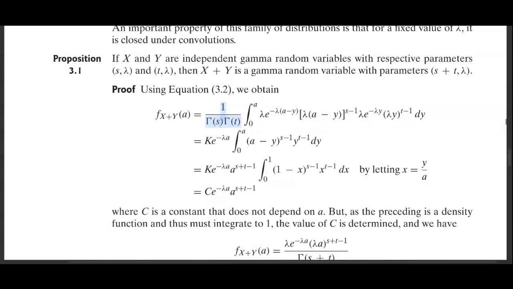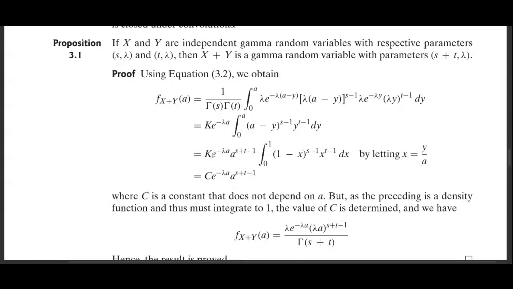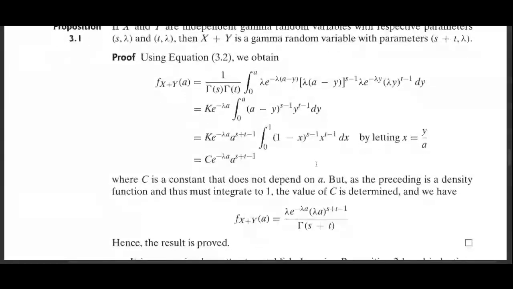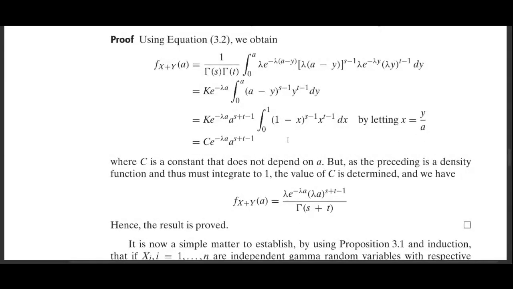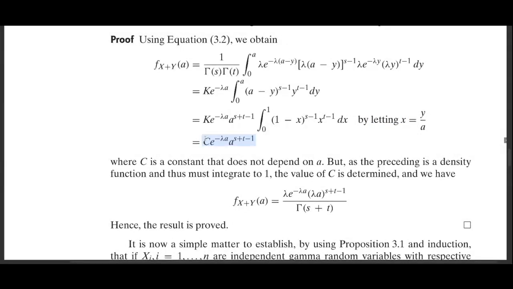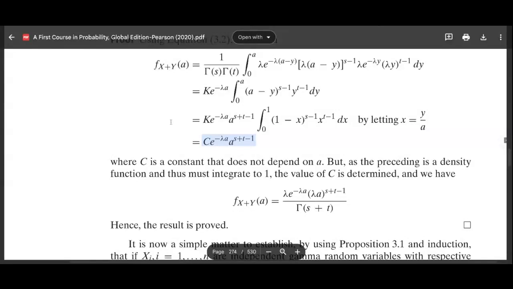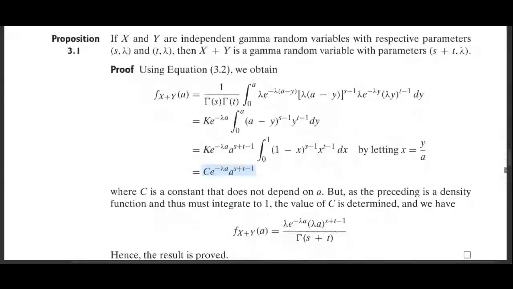Right? We have 1 over gamma s, 1 over gamma t. Okay, this is just rewriting stuff. Anyway, this is complicated, but this is just f of x plus y for the gamma distribution. Okay, so that's the convolution for the gamma distribution.